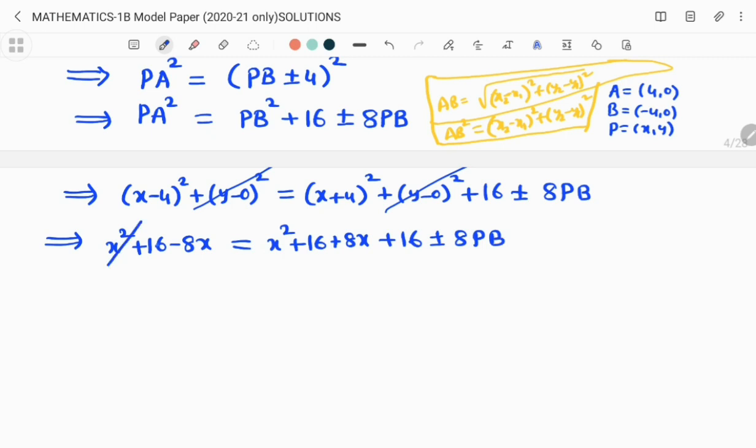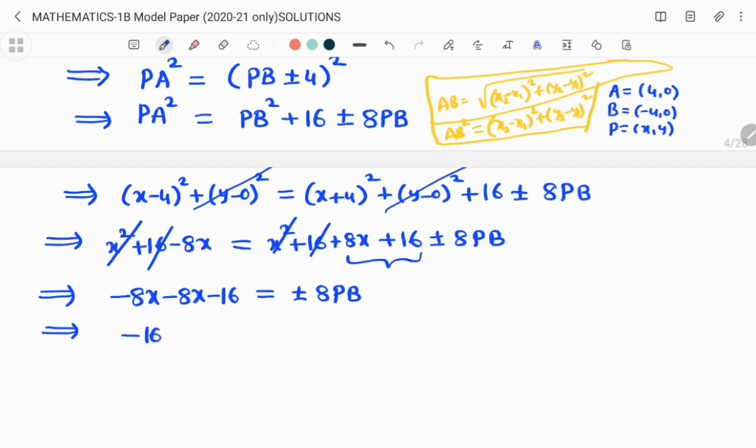Both sides x square plus 16 will be cancelled. This 8x and 16 I am taking to this side, except plus or minus 8 PB, which we can take into the LHS. So minus 8x minus 8x minus 16 is equal to plus or minus 8 PB. That implies minus 16x minus 16 is equal to plus or minus 8 PB.